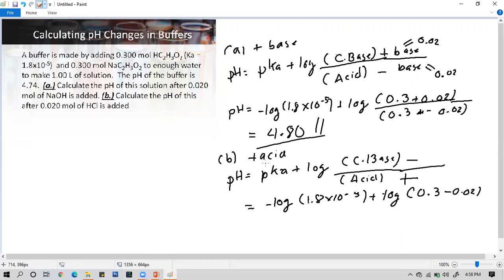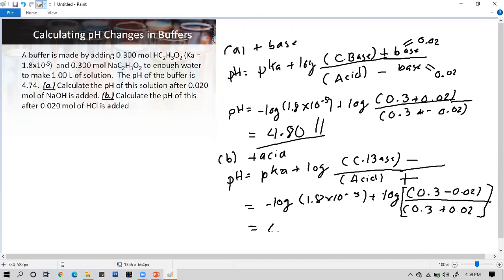Sir, bakit 0.02? Kasi yun yung nakasaad sa problem. And then, all over 0.3 plus 0.02. And guys, take note that ito ay as a whole. So, ayan. And solving for the equation, direct computation na tayo, guys.